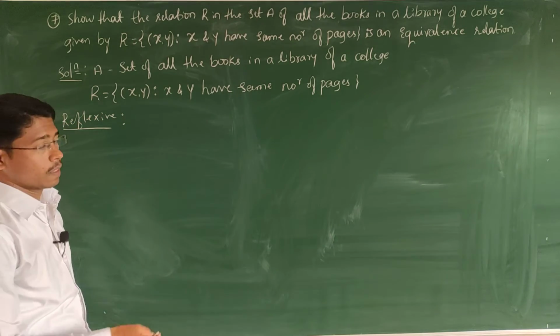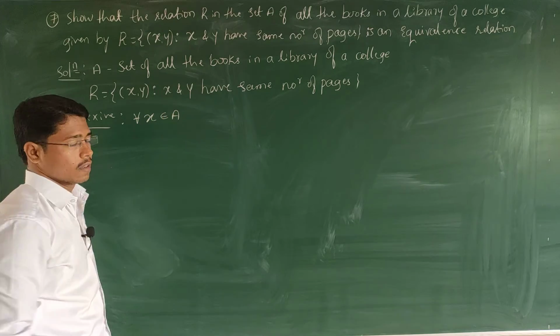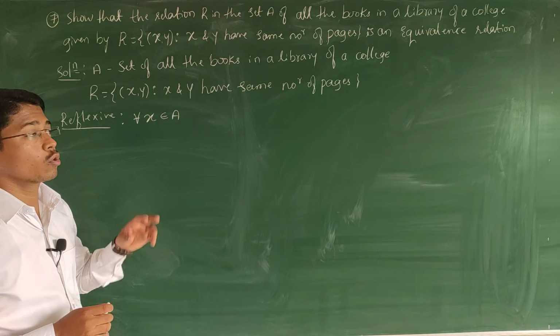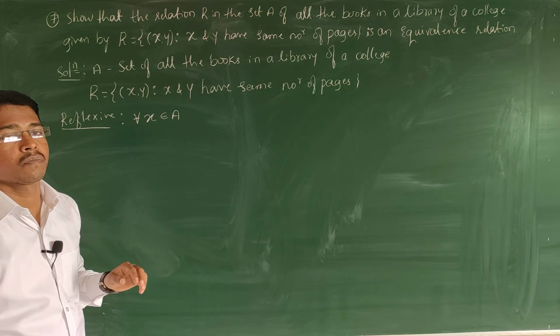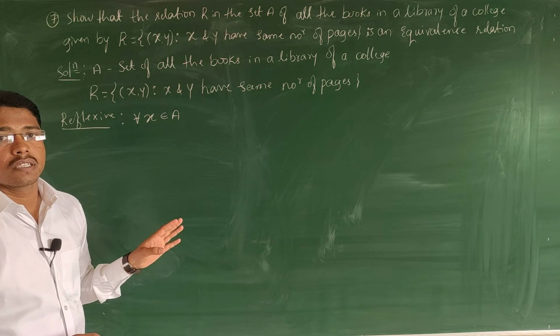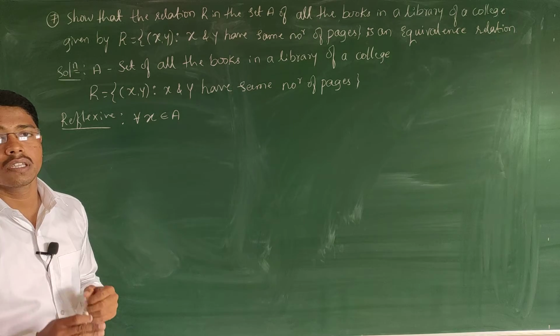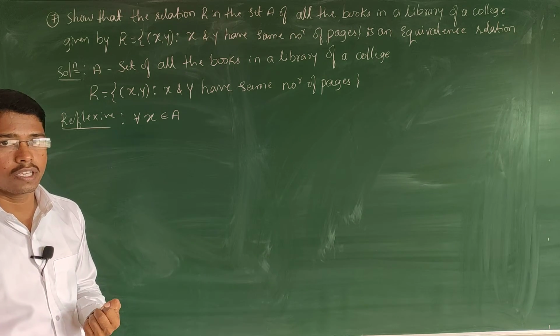So see, for all X belongs to the A. So any book in the entire library of a college, the number of pages in a book X is equal to the number of pages in the book X, means X is related to itself.